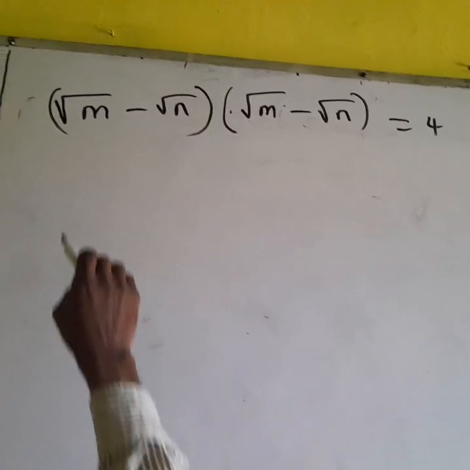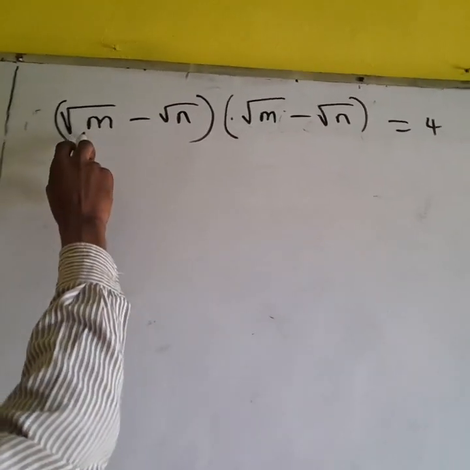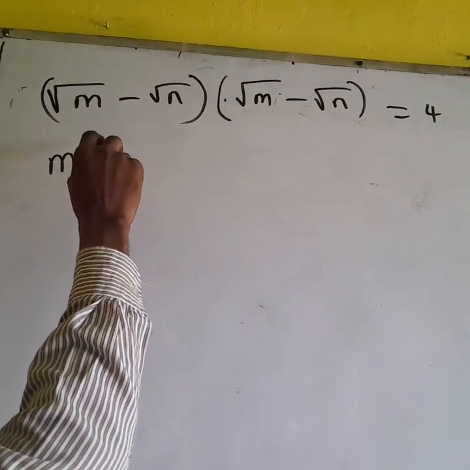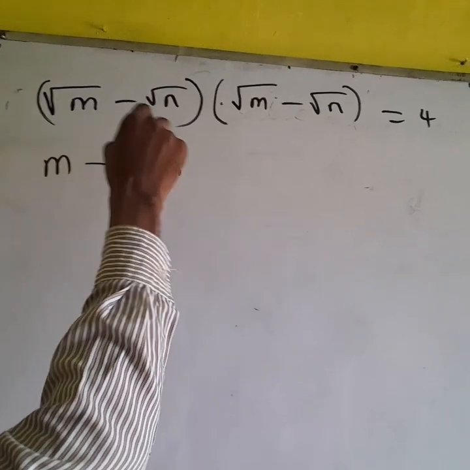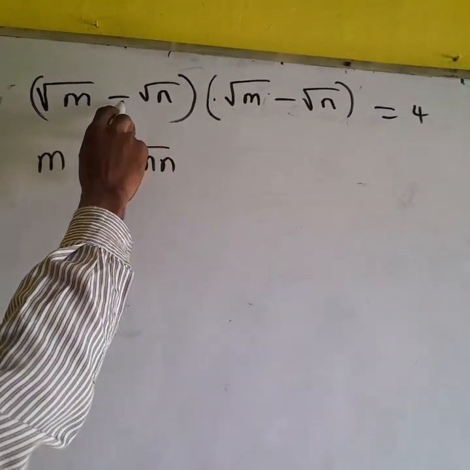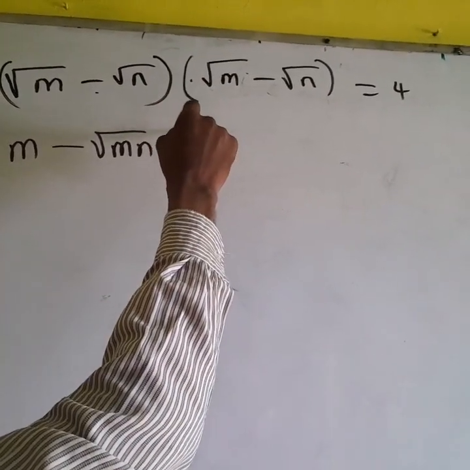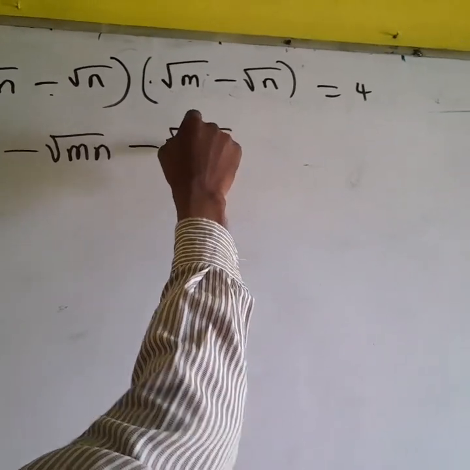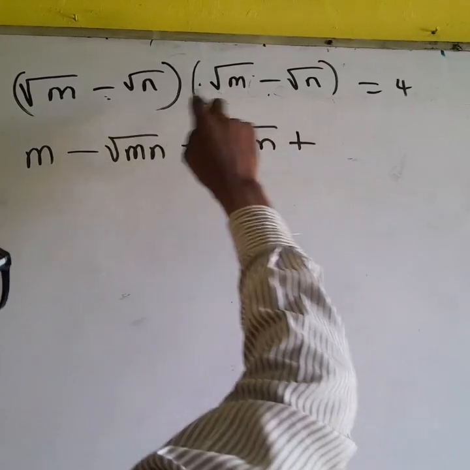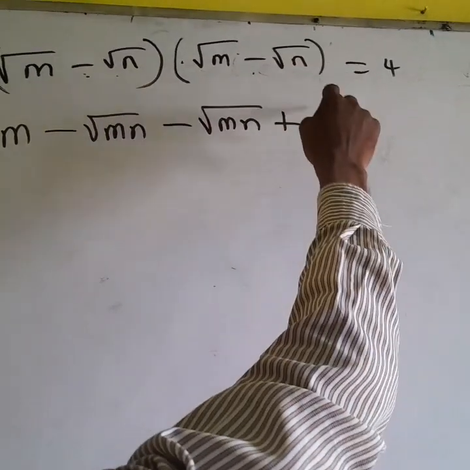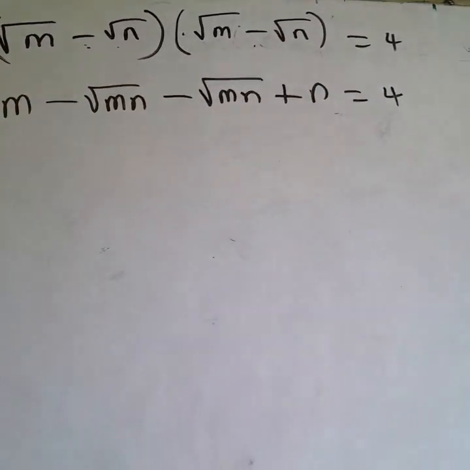We'll expand the brackets. Root m times root m will give us m. Root m times minus root n will give us minus root mn. Now minus root n times root m will give us minus root mn. Minus times minus will give us plus, so root n times root n gives us n, equal to 4.